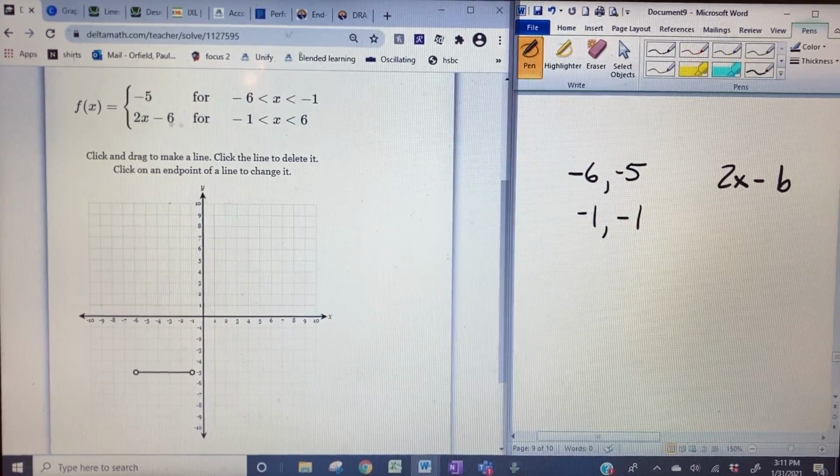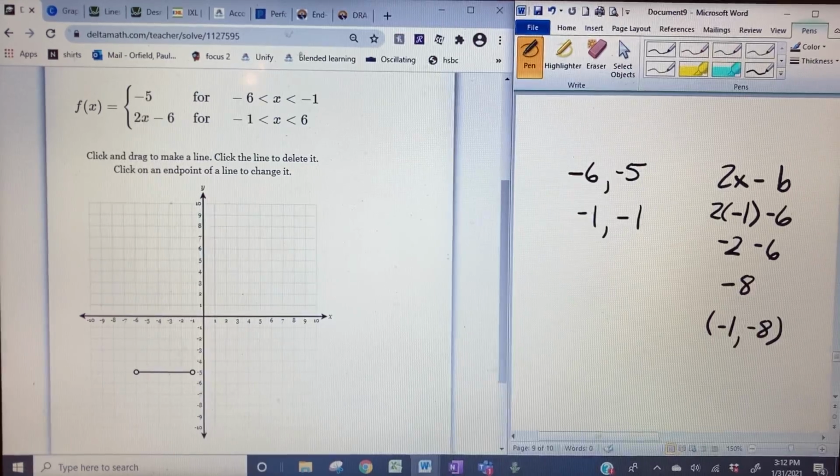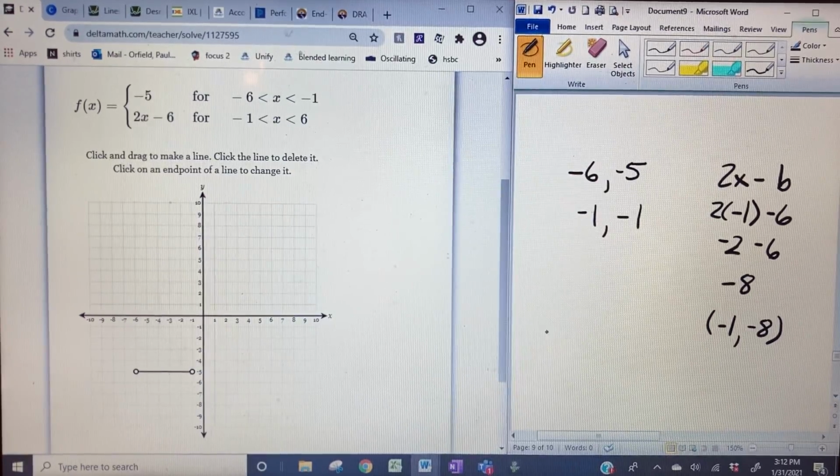This equation is used when your x values are between -1 and 6, not including those numbers. So I'm going to say 2 times -1 minus 6. That gives me -2 minus 6, which is -8, which means when my x value is -1, my y value is -8, and I'm going to start there. So I'm going to go to -1, -8.